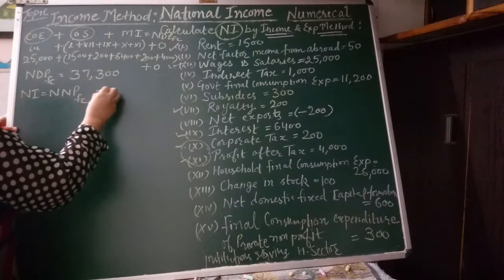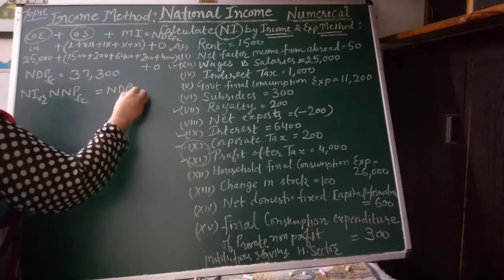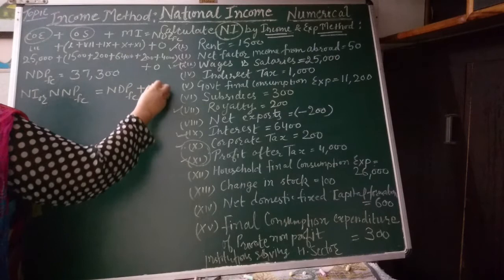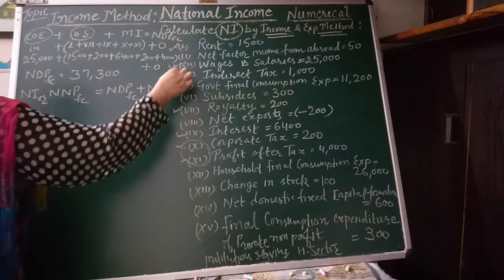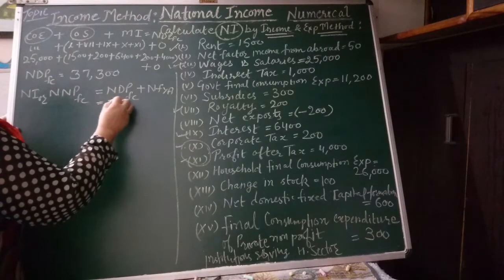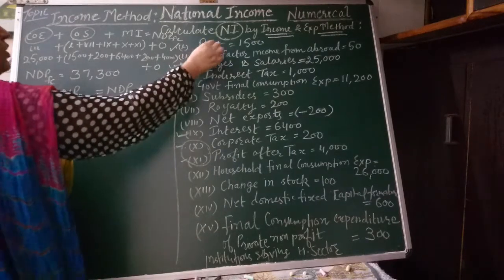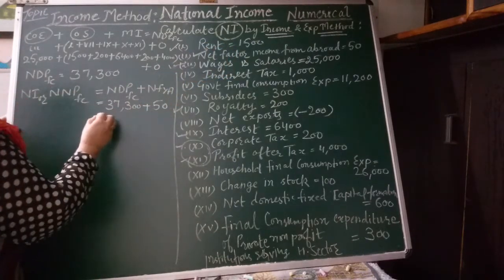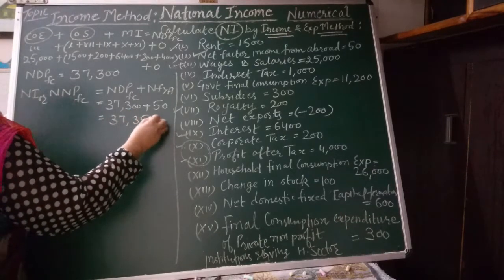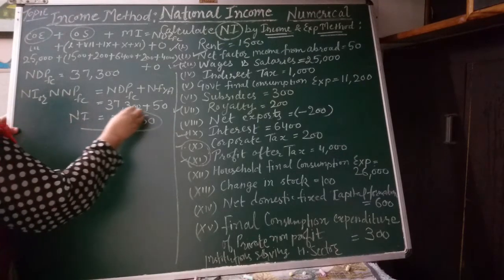NNP at FC is equal to NDP at FC plus net factor income from abroad. NDP at FC, 37,300, plus net factor income from abroad, which is 50. So the answer will be 37350. So this is national income by income method.